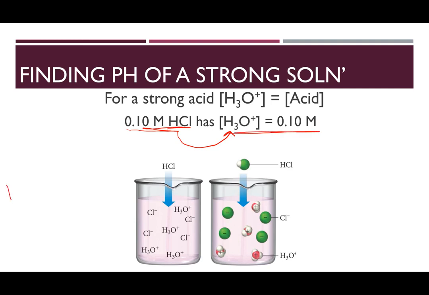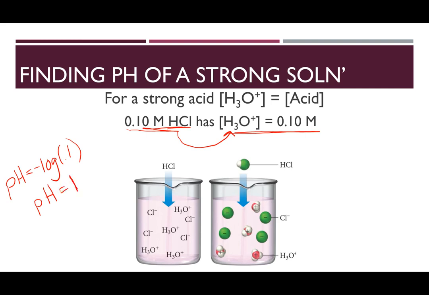Once you make that connection, we simply take the negative log of the hydronium concentration. So the pH of a 0.1 molar HCl solution is negative log 0.1, which is 1. It has a pH of 1.